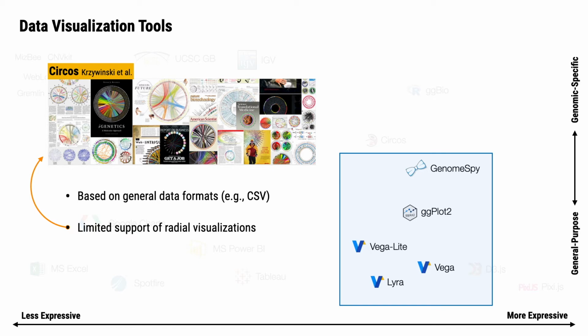For example, radial visualizations are very common in the genomics field for showing connectivity information between distant genomic positions. However, you cannot create such a visualization in those tools. Finally, some of them are limited in terms of data scalability, which means it is not feasible to efficiently visualize large genomics datasets using those tools.